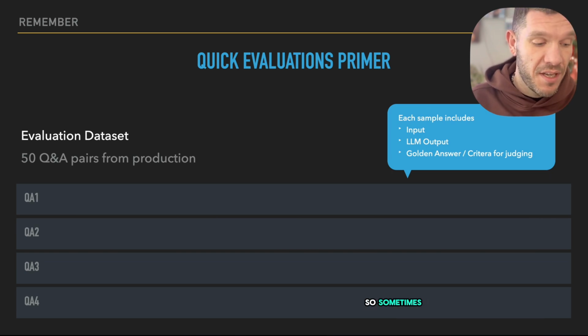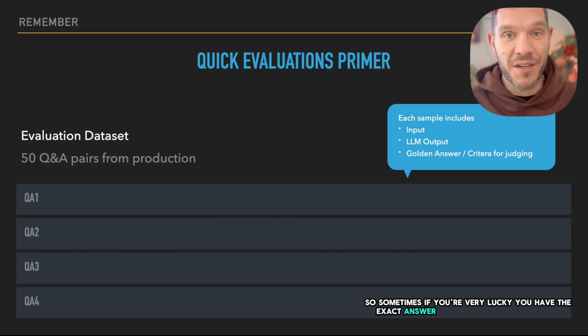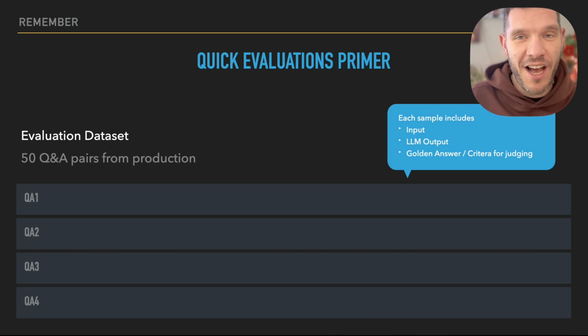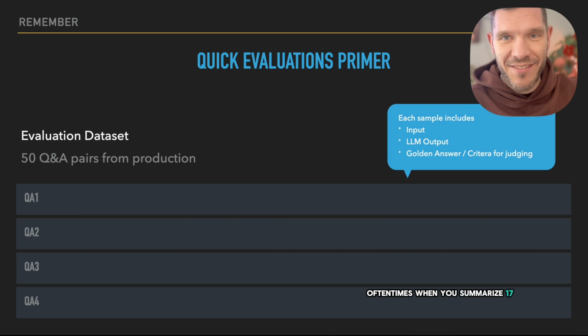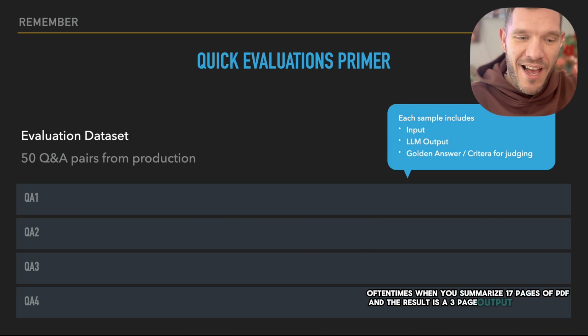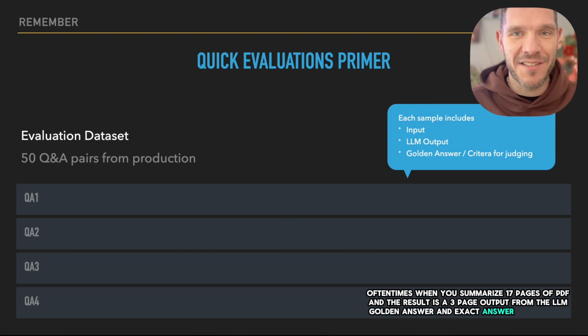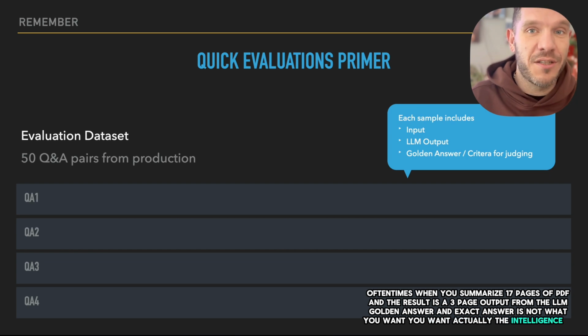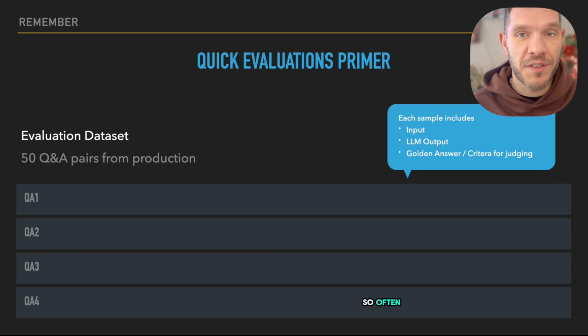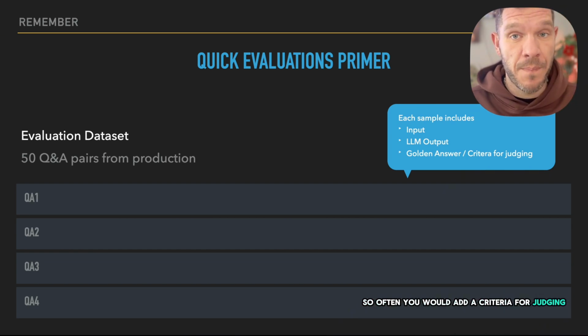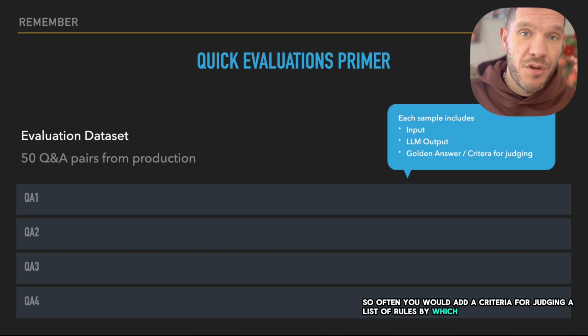Sometimes, if you're very lucky, you have the exact answer you would like your LLM to answer. Oftentimes, when you summarize 17 pages of a PDF and the result is a 3-page output from the LLM, an exact golden answer is not what you want. You want the intelligence of these models to come through. So often you would add a criteria for judging, a list of rules by which an answer would be good or not.